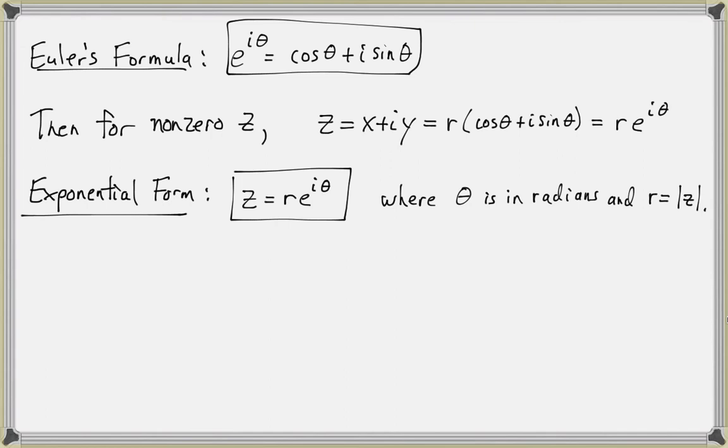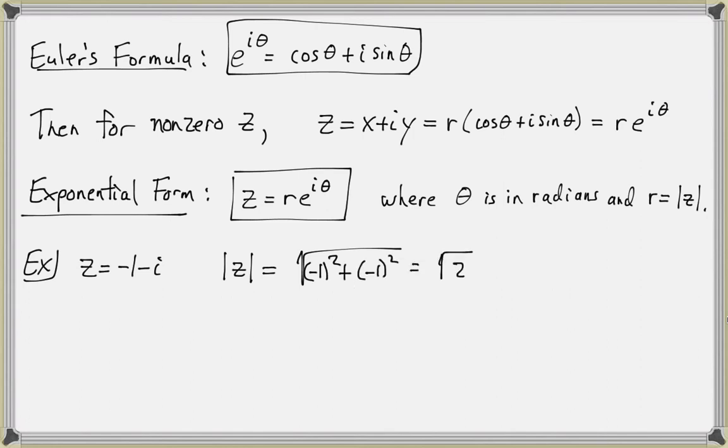Let's look at an example of exponential form. If I let z be -1 minus i, then the absolute value of z would be the square root of -1 squared plus -1 squared, which is the square root of 2.